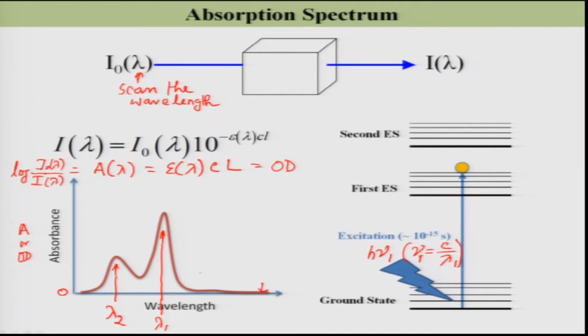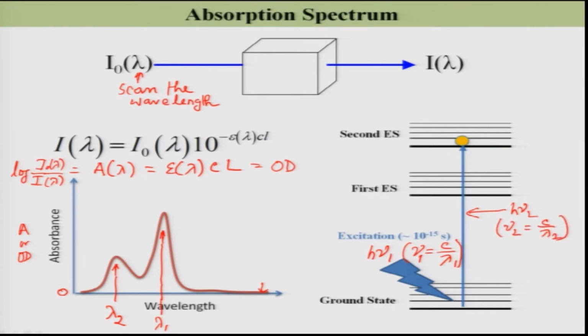Now, when I change the wavelength of the light to the shorter wavelength, right, here the wavelength is larger, here the wavelength is shorter. Shorter wavelength means higher energy, as you can see over here. So, I excite this system from here to here, right. In this case this is H nu 2, where nu 2 is equal to C by lambda 2.